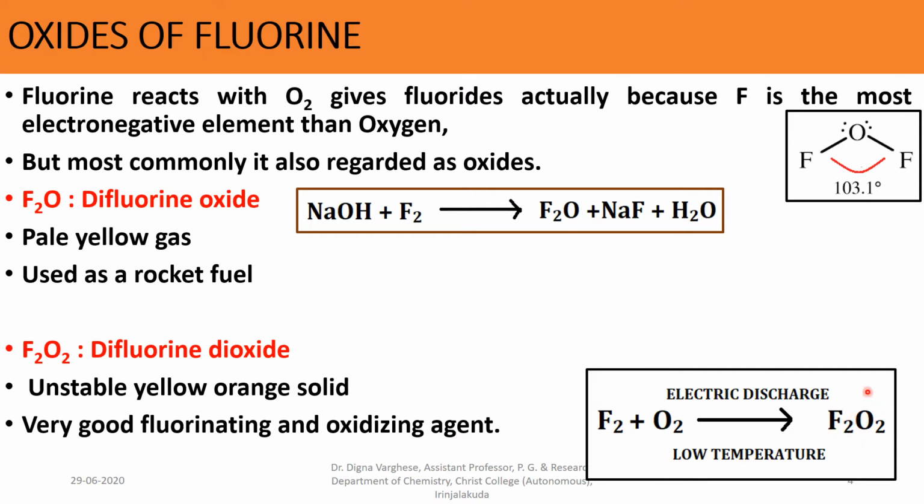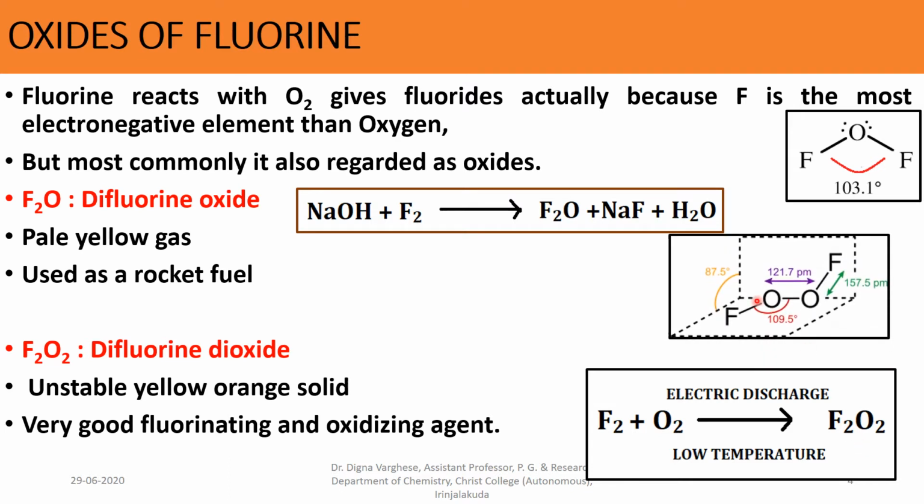It acts as a very good fluorinating and oxidizing agent, and the structure contains two planes, in one of which the oxygen-fluorine-oxygen bond angle is 87.5 degrees and the other is 109.5 degrees, and two different bond lengths: oxygen-fluorine is 157.5 picometer and oxygen-oxygen bond length is 121.7 picometer.